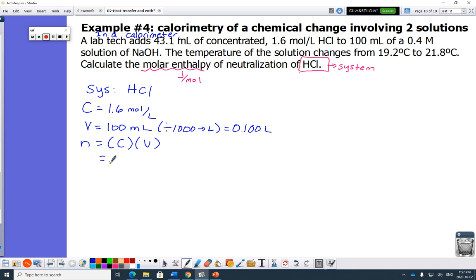Normally what happens if you forget, you'll get it 3 decimal places the other way. So let's say we did this. Sorry guys, 43.1.